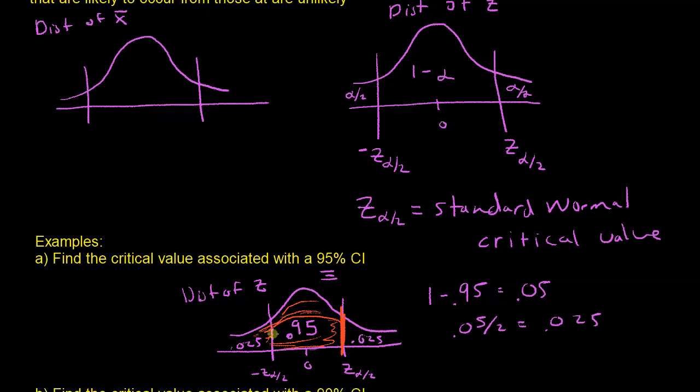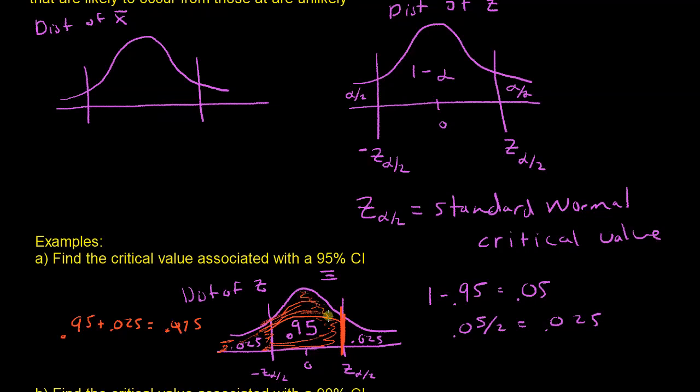Both of these regions. So 0.95 plus 0.025 equals 0.975. This entire area that I've marked in red is 0.975.